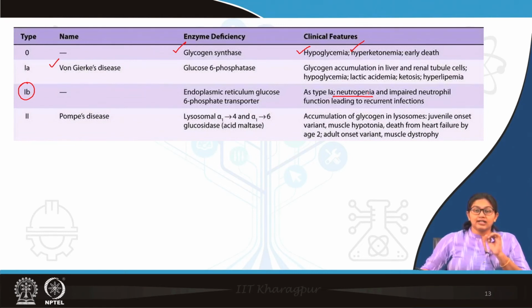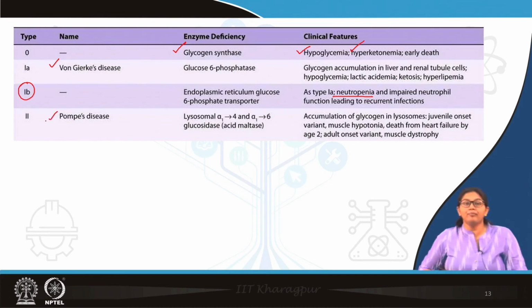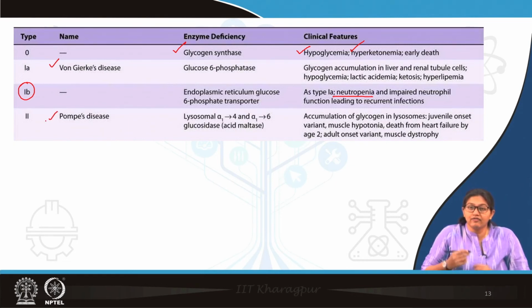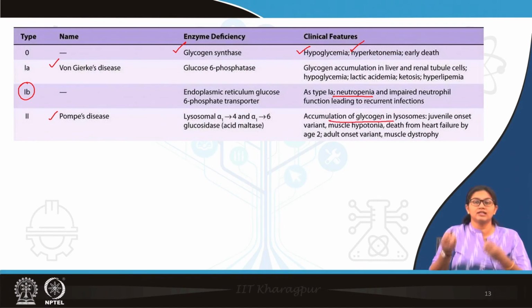Then glycogen storage disorder type 2, which is known as Pompe's disease. Now Pompe's disease is related to the deficiency of acid maltase, which is a lysosomal glucosidase. So definitely the manifestation is accumulation of glycogen inside the lysosome.